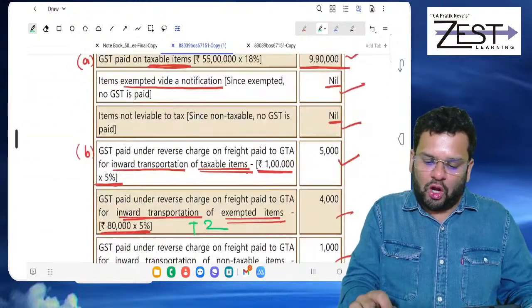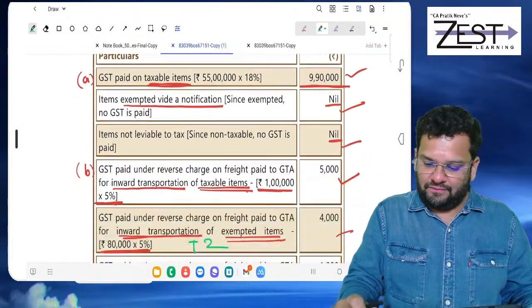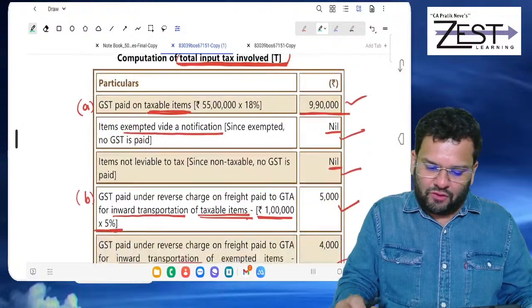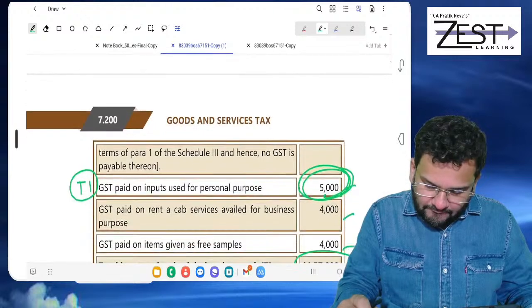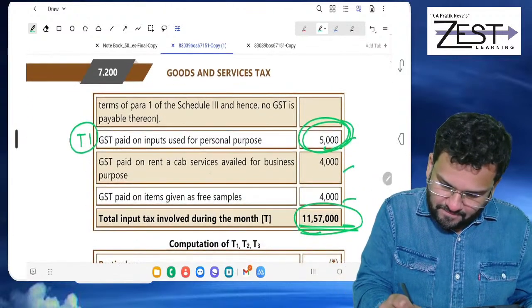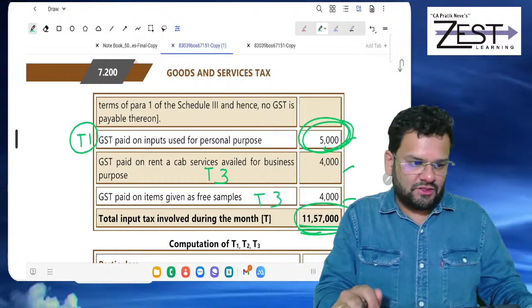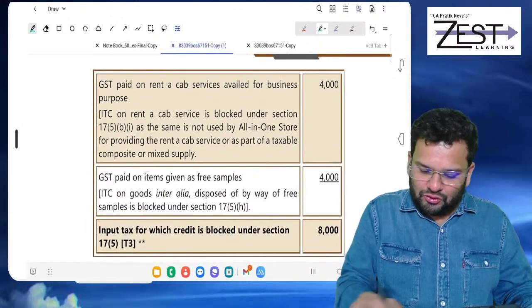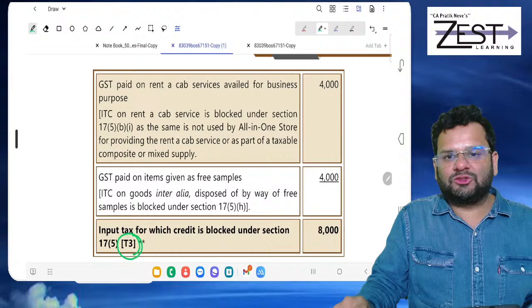Now find out blocked credits. What is there in the blocked credits? In the blocked credits, you have got this and this, isn't it? You have told me that ITC will be blocked on these two. So you have got 8,000 in T3. Is it clear to you?